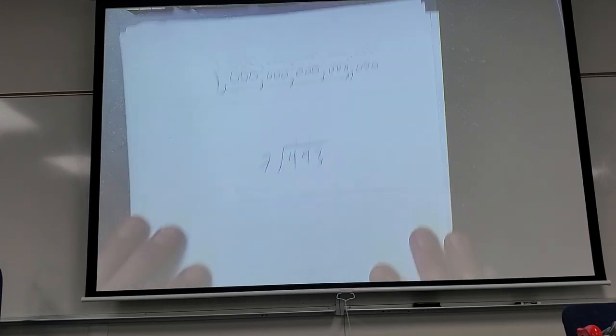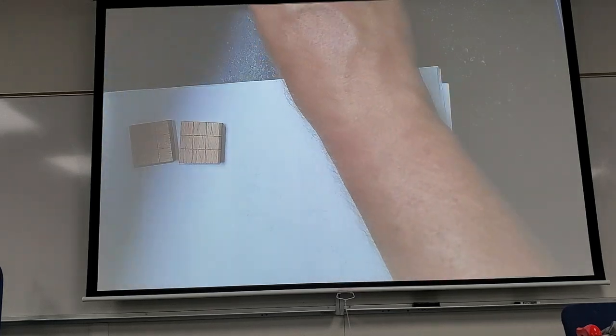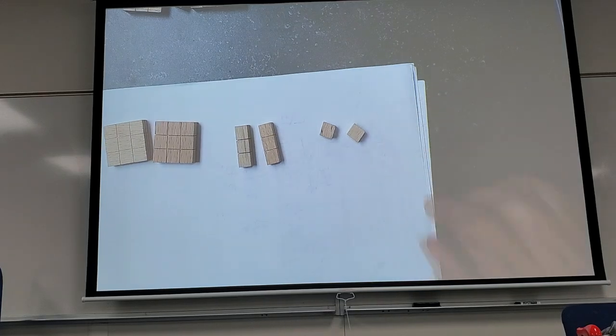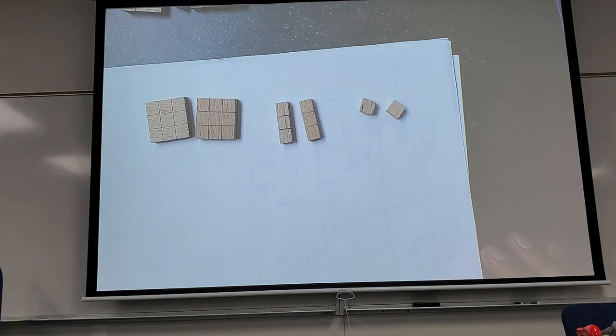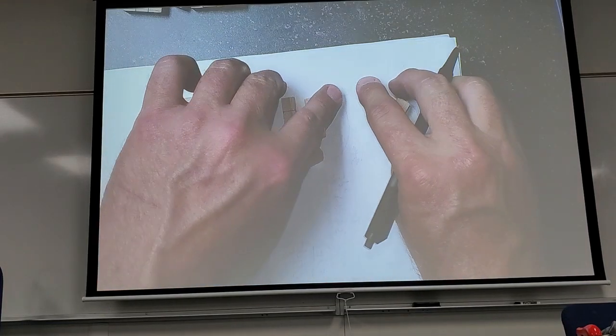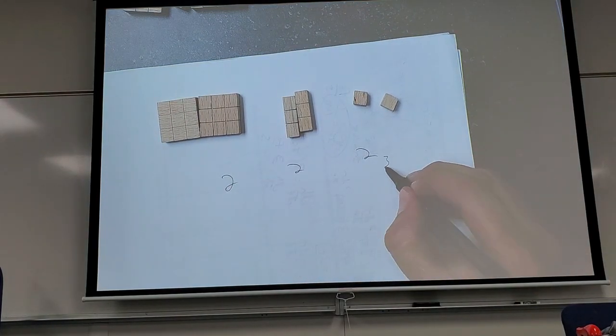So if I ask you guys, do this. Can you see very easily, if you were suddenly teaching a student, if I laid this down and I said, what number does that represent? You can see much more clearly now why it involves multiplication. Right, so basically this is the number 222, correct? Base 3.